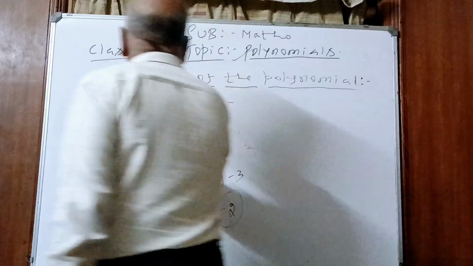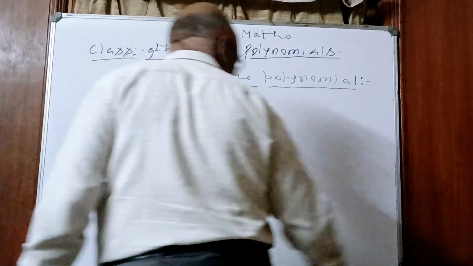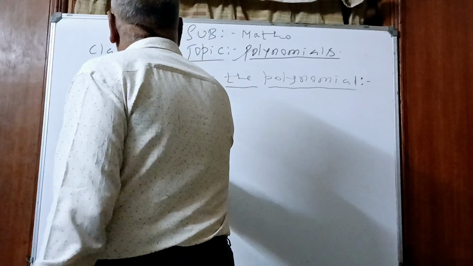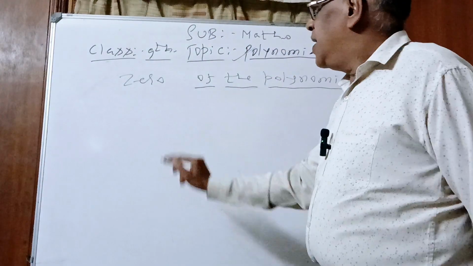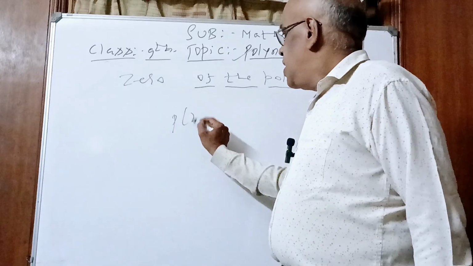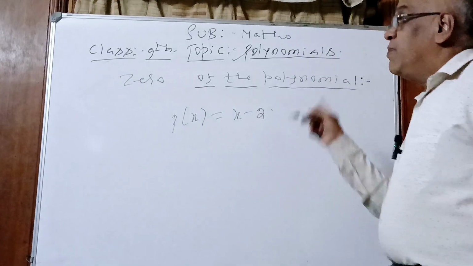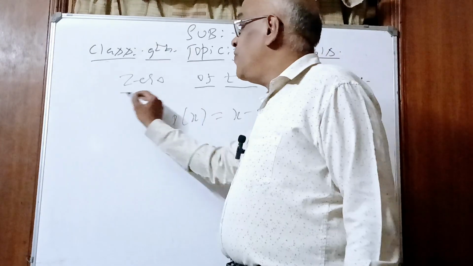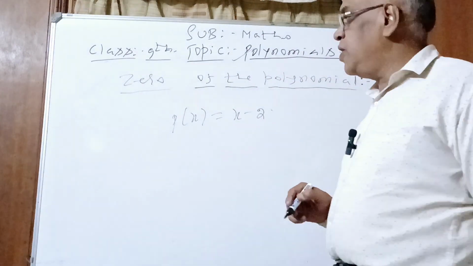Then, children, zero of the polynomial. Very important topic. Take a small, easy one: P of x is equal to x minus 2. What was the previous topic? Value of the polynomial. Now, this is zero of the polynomial. What is zero of the polynomial, children?